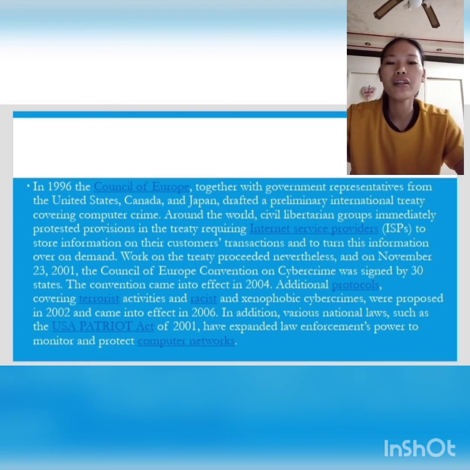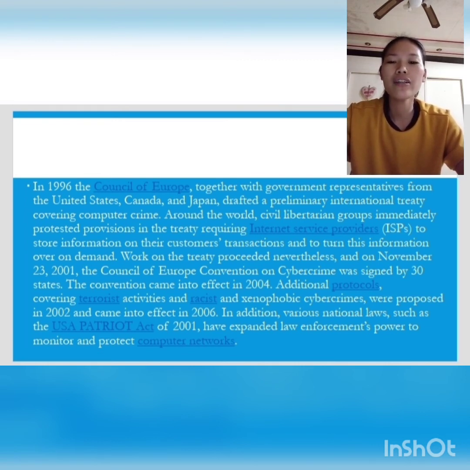Around the world, civil liberties groups immediately opposed the provision in the treaty that required Internet Service Providers, or ISPs, to store information on their customers' transactions and turn this information over on demand.